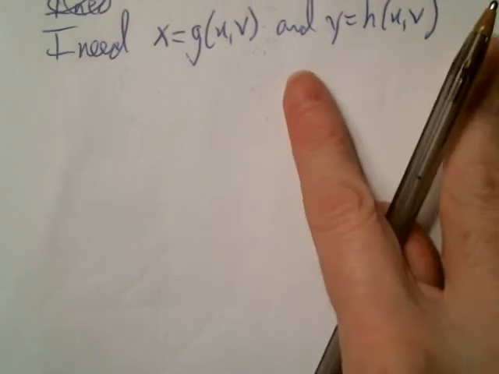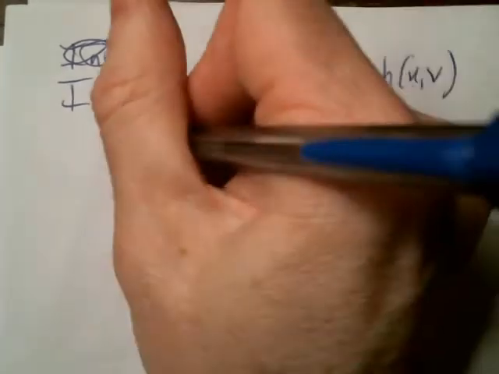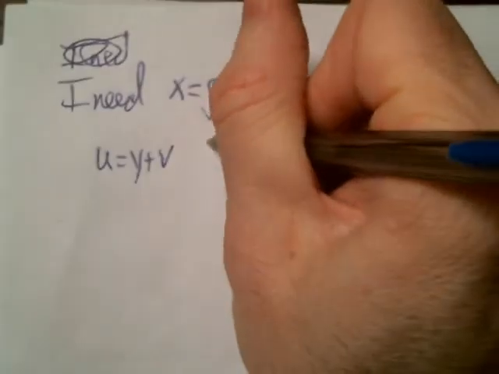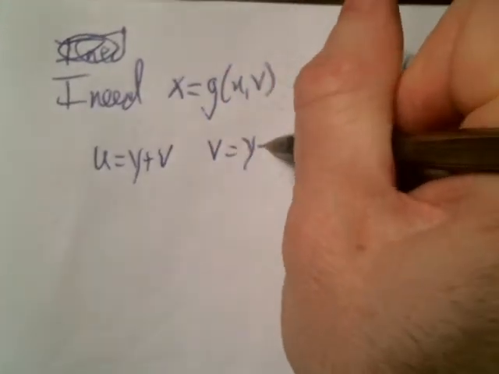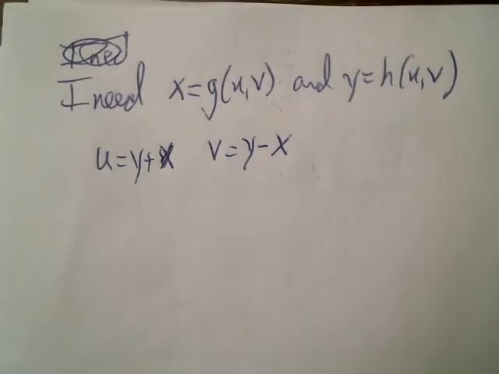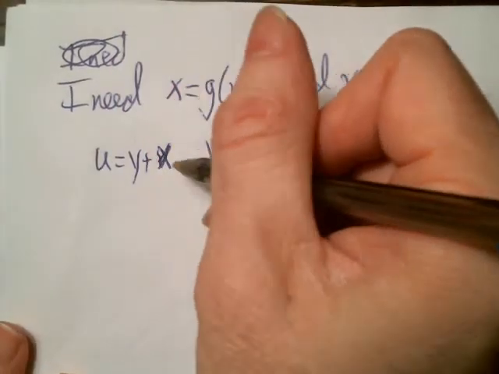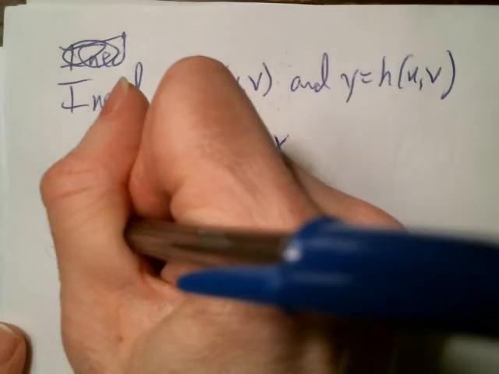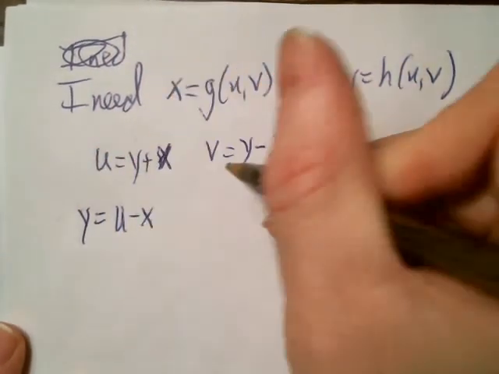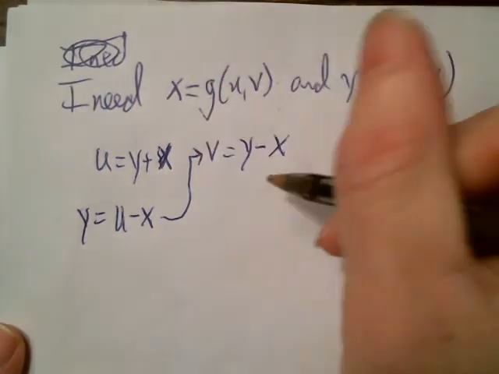Anyways, I need these two functions, and I have that u is equal to y plus x, and then v is equal to y minus x. So from here, you can get the formulas g and h, right? So I'll solve this guy for y. So y is equal to u minus x, and then I could back sub this guy into here.